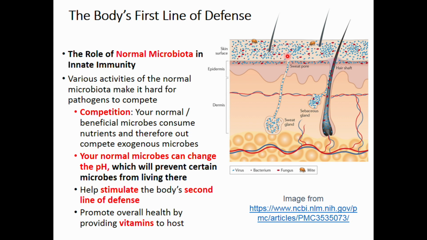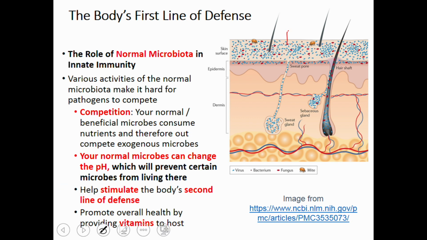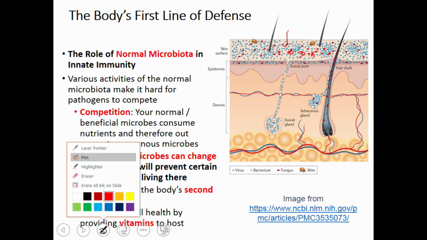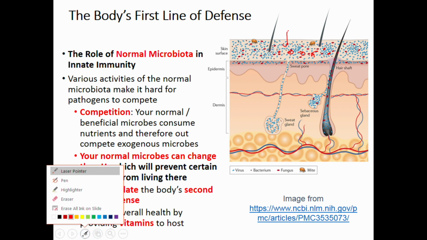They are physically taking up space so that, for example, if another bacterium were to come down and land here, right? And so now we've got these other bacteria that are on your skin. Well, your innate bacteria can outcompete these and prevent them from growing. And so that is why you should love your normal microbiota. I know I love mine.